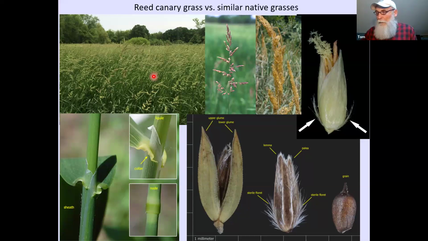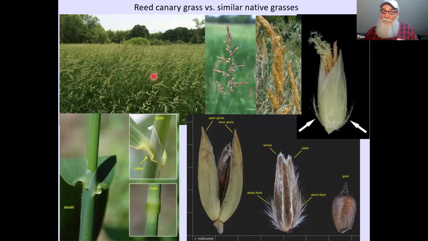So again, no one really knows just how much and where native strains are. I think I've seen some in Iowa here and there. If you see really dense, aggressive, vigorous growing reed canary, it's probably the non-native one, because that was developed as a cultivar in Europe to be used in erosion control, in waterways, and maybe a little bit for forage, but mainly to control erosion.